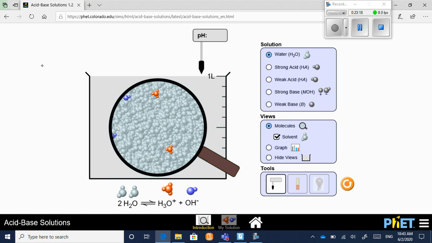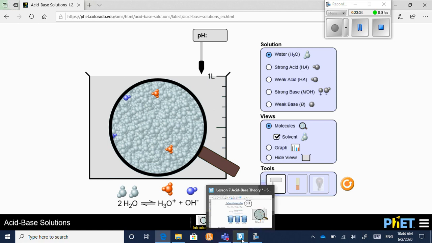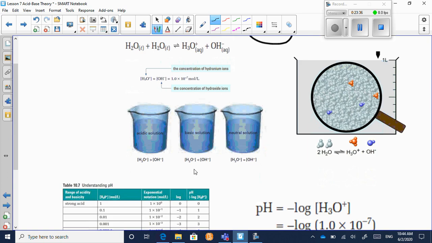Now, it breaks into a very small amount, incredibly small. Look at all the water molecules in the background here, and so few of these acidic and basic molecules, but there is enough of them for us to see it. Now, look at this.